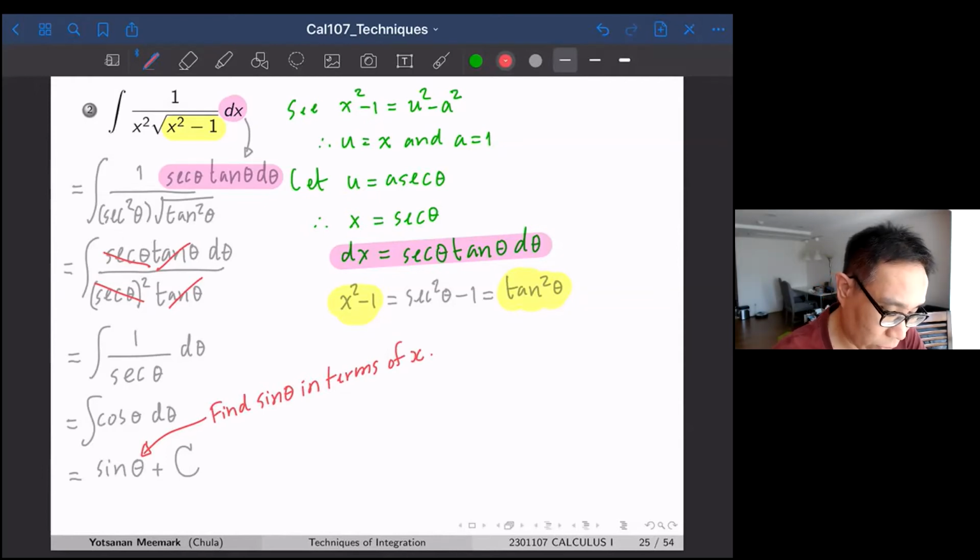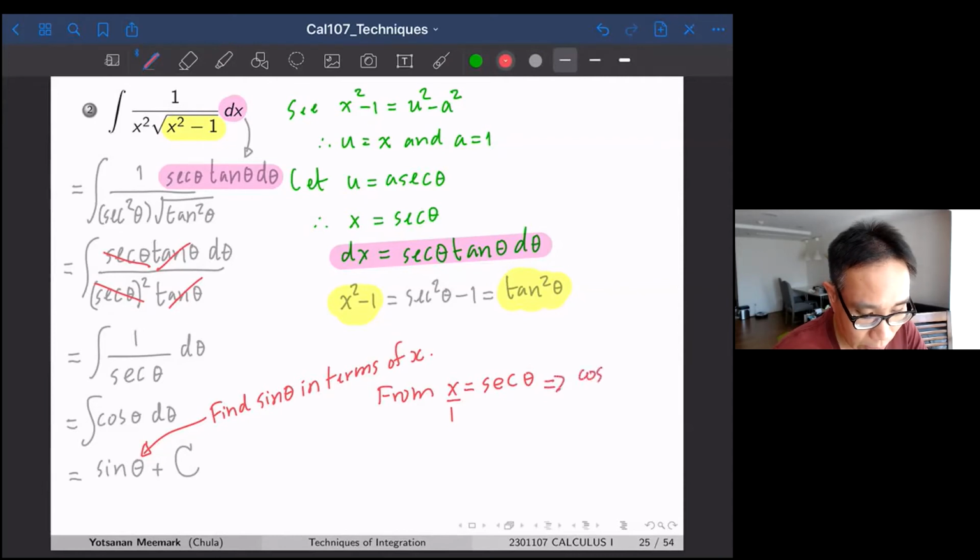From x equal to sec theta, so it's going to be x over 1, and so you get cos theta equal to 1 over x, and cos is adjacent over hypotenuse. So you draw a right triangle.